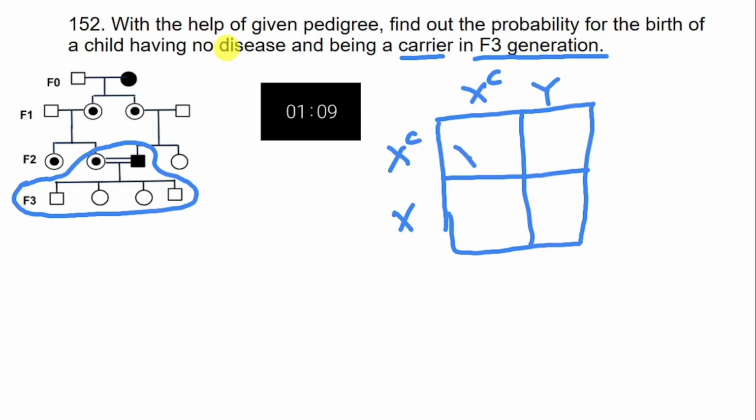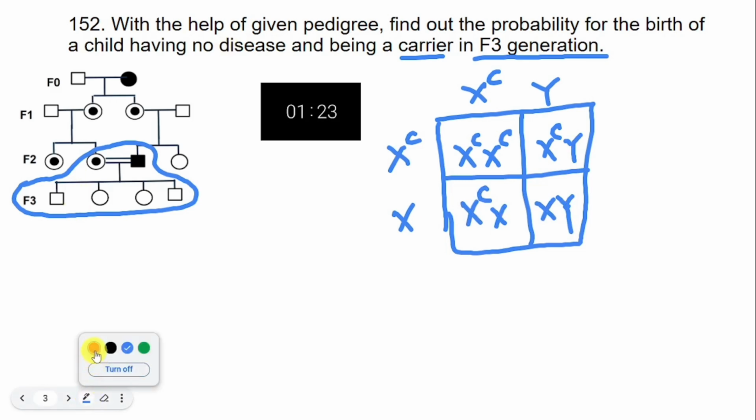Now the combinations will be XC and XC, this will be XC and Y, this will be XC and X, and this will be XY. So the only genotype which is carrier is this one. This one is affected, this one is also affected, this is healthy and this is carrier.